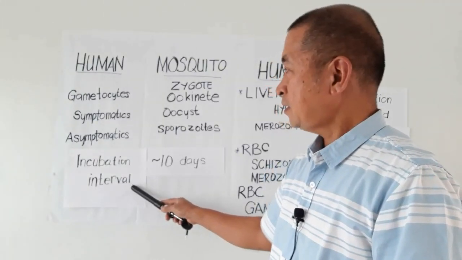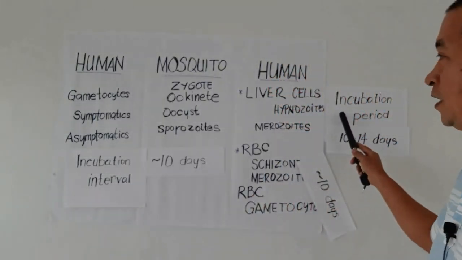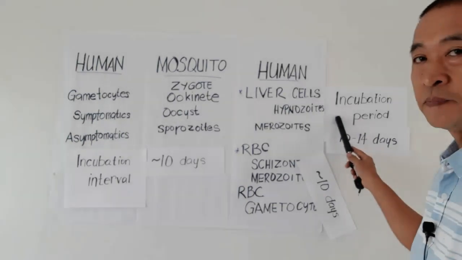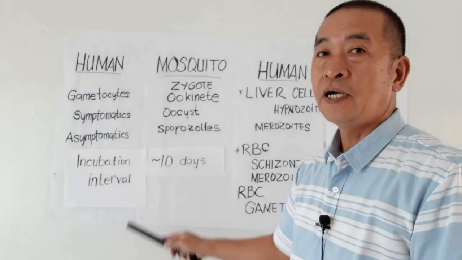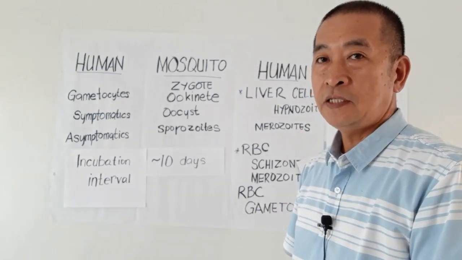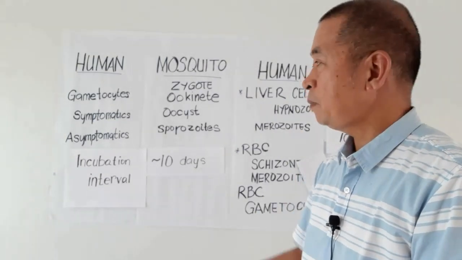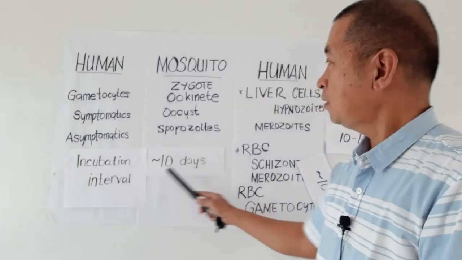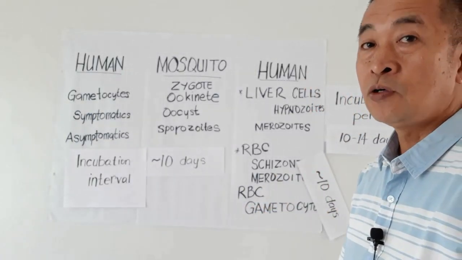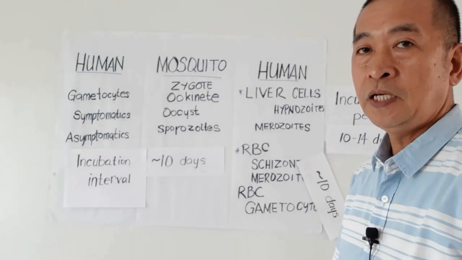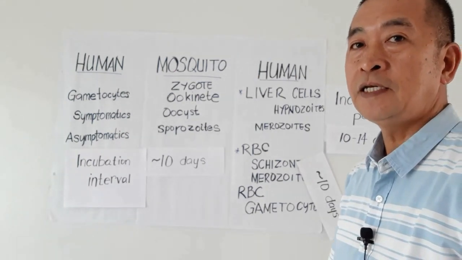This should be differentiated from the incubation period. It is very important in malaria elimination as well as in control. So we should remember the incubation period and the incubation interval. These will be important in control and elimination of the malaria parasite in the community.